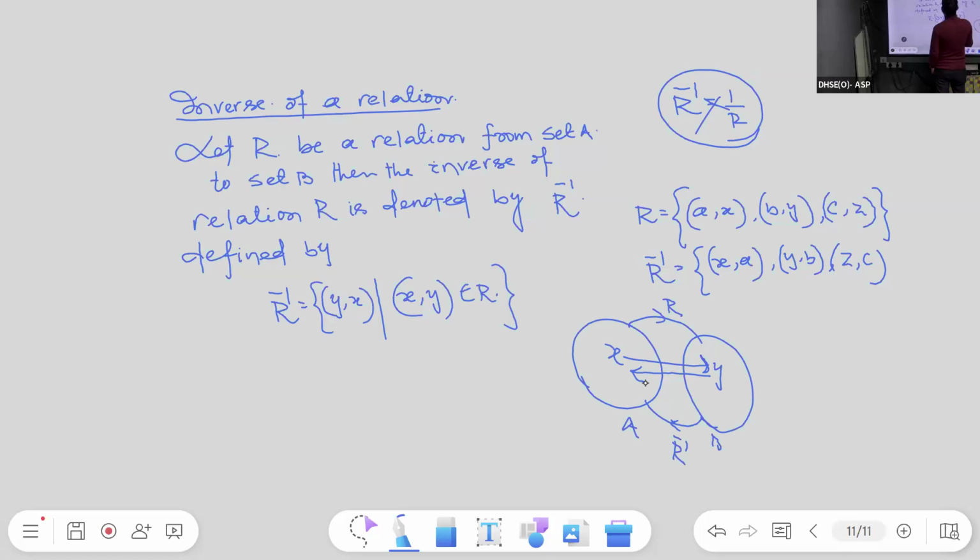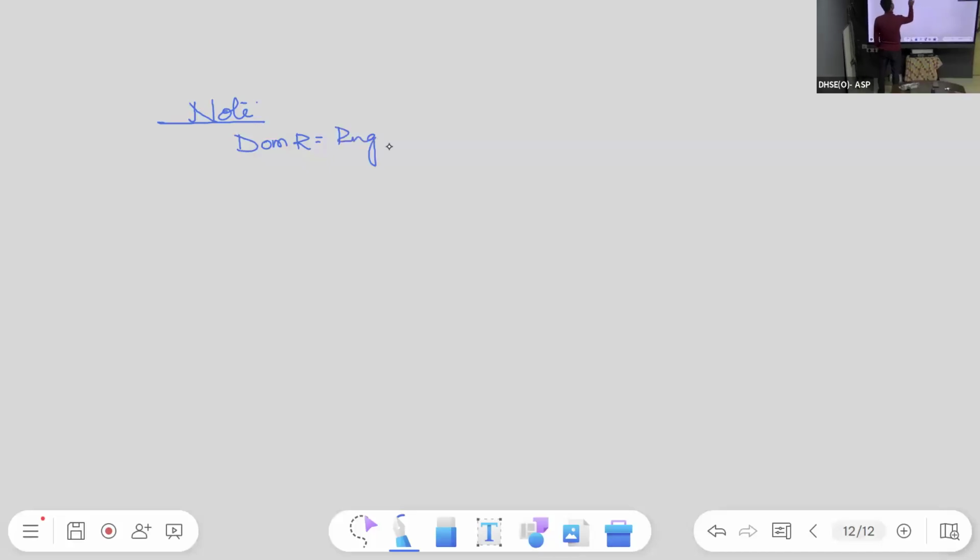Write down a note point. Domain of relation R is equal to range of relation R inverse, and the range of relation R is equal to domain of relation R inverse.